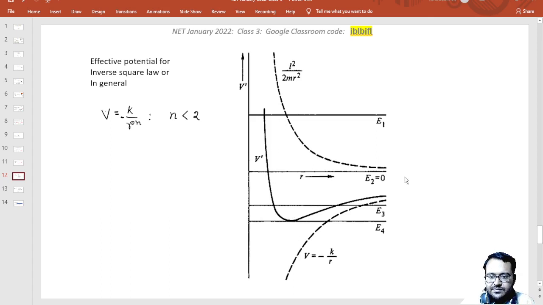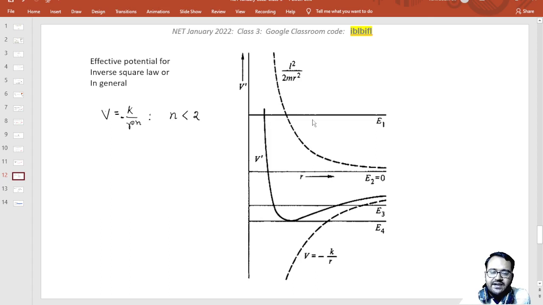So say this is your effective potential. For different types of energies, what will the shape of the orbit look like? If the total energy of a particle is far above, then it just has a classical region bounded by a point on the left side, and on the right side there is no bound. We discussed this in our first class.